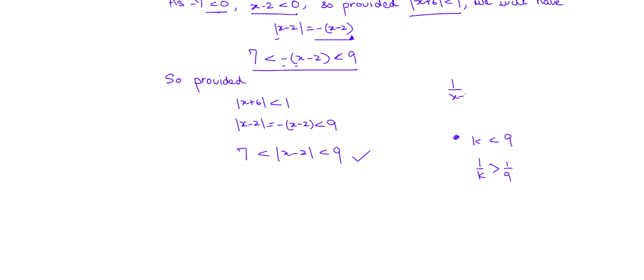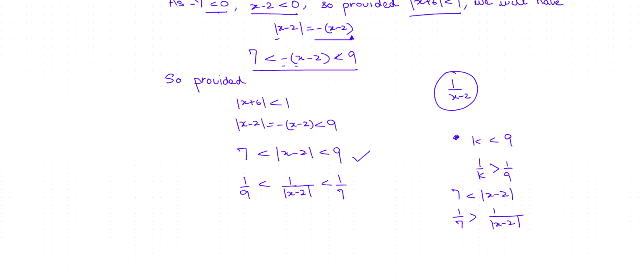We need to eliminate that, so we want to bring this into the denominator. We see that here 7 was less than the absolute value of x minus 2. So 1 over 7 would be greater than 1 over the absolute value of x minus 2.